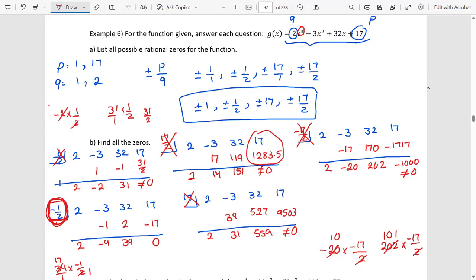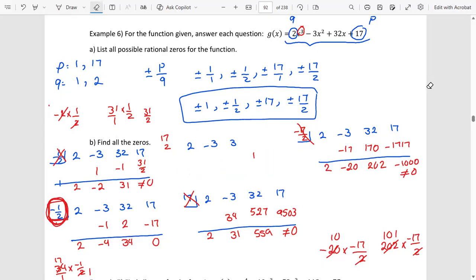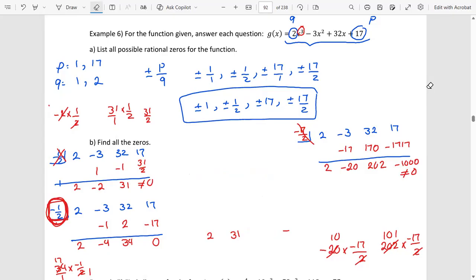And if you want to find those complex numbers, you can divide by the given 0 and then find the quotient to find other zeros.